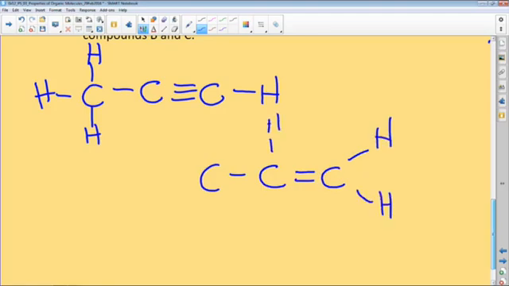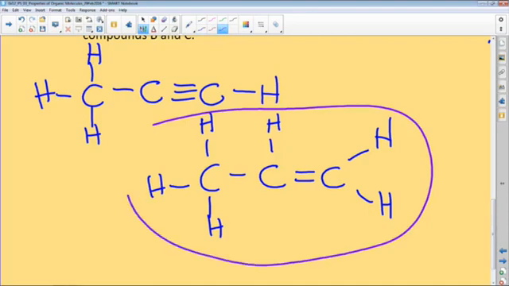Now, I told you that for our purposes, we consider the hydrogen-carbon bond to be non-polar, but it isn't actually, it is polar. So with these bonds, I've got to look at the symmetry of the molecule.